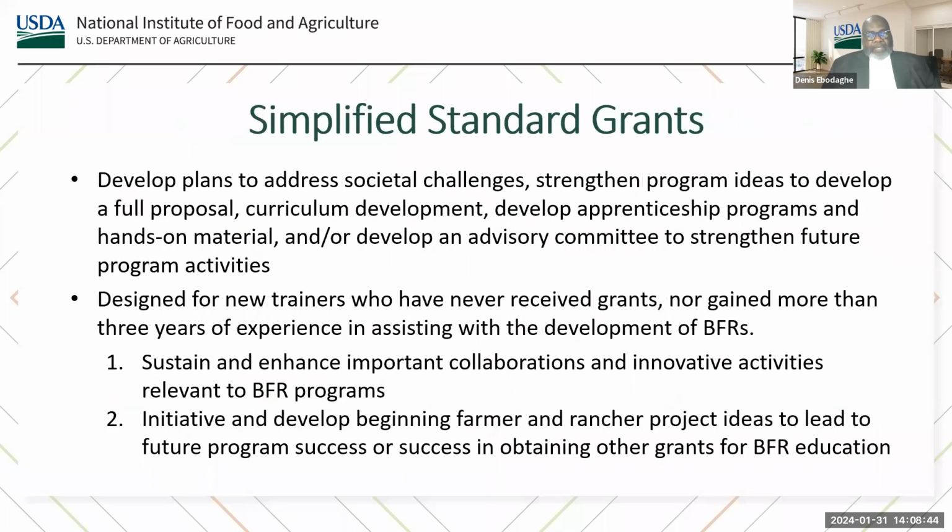We have the simplified standard, which is for new trainers or trainees. If you have less than 3 years of experience, this is the best one to pick. If you don't have experience and you're asking for a large grant, that is going to be difficult.